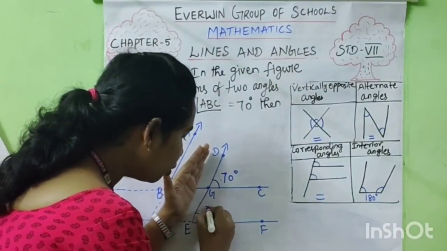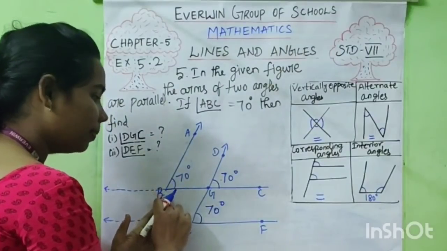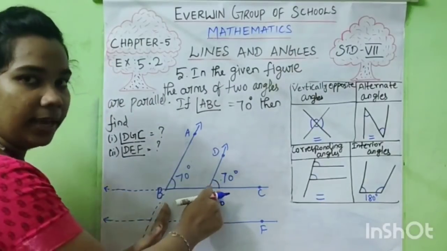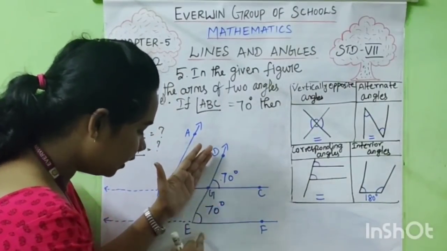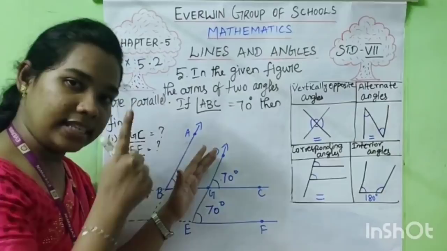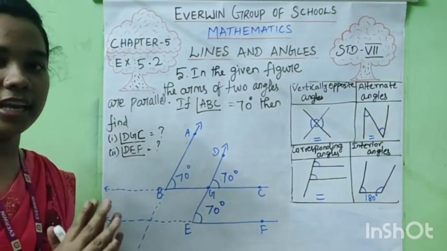So, E also 70 degree. Clear, children? So, first from the B we are writing G is 70 degree by using corresponding property, and from this G we are writing E is also 70 degree, same corresponding property. So in this problem we are using corresponding property.